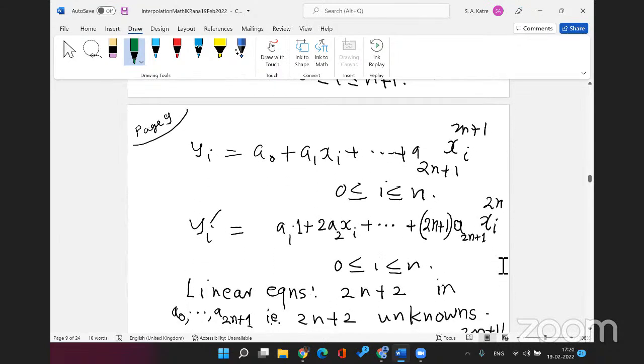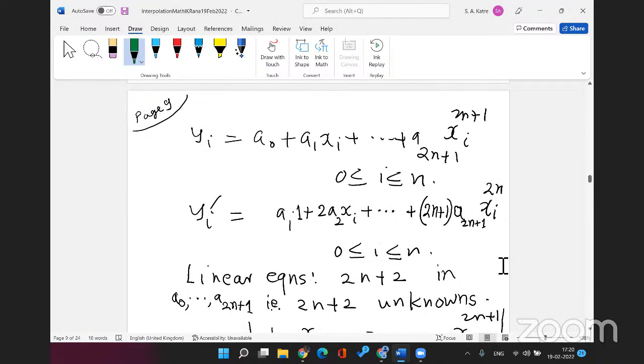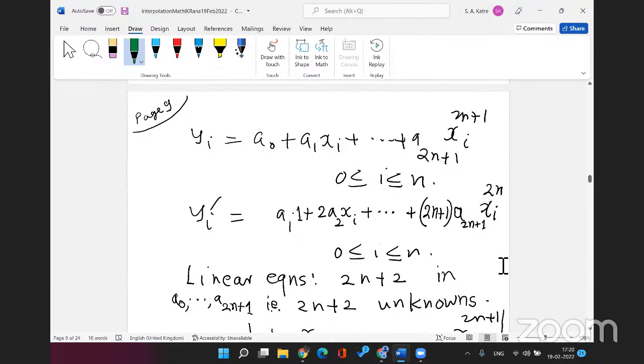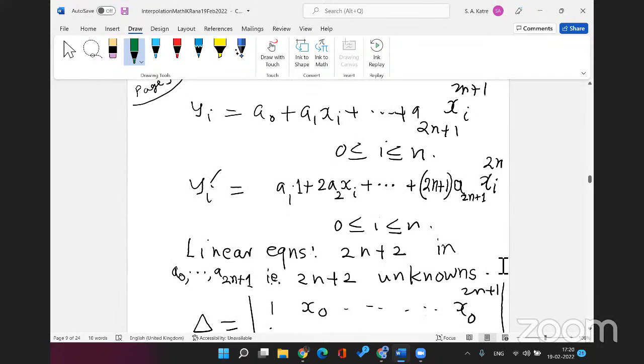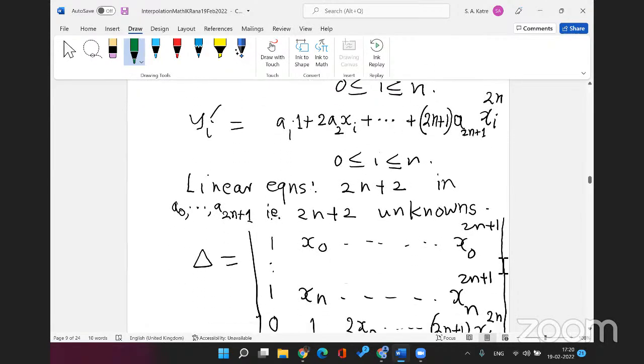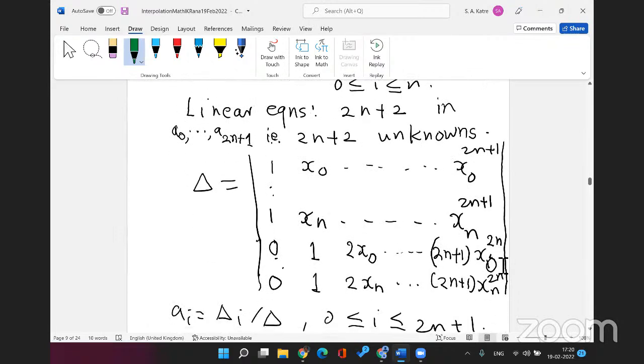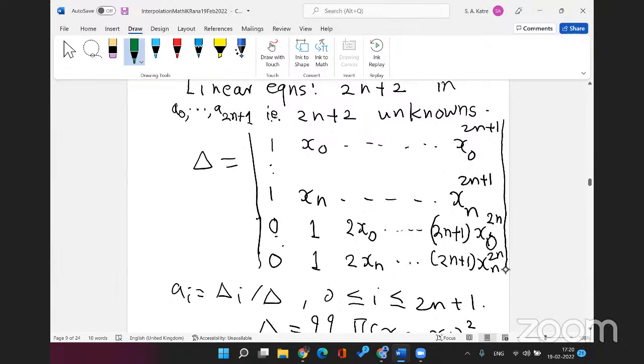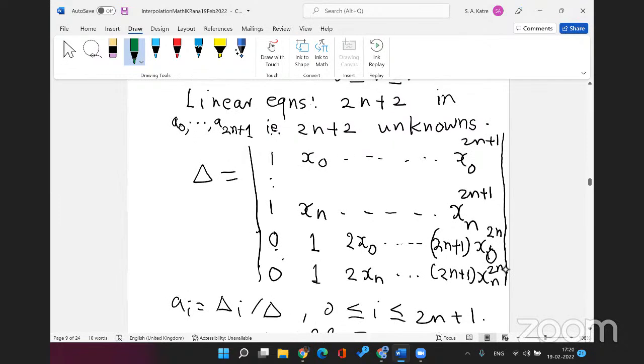And then yi dash, you can find the derivative: yi dash equal to a1 into 1 plus 2 a2 xi plus ... plus (2n plus 1) a(2n plus 1) into xi raised to 2n. So these are the new n plus 1 conditions, which were not there earlier in Lagrange's form. So we get 2n plus 2 linear equations, and we get a determinant as before.